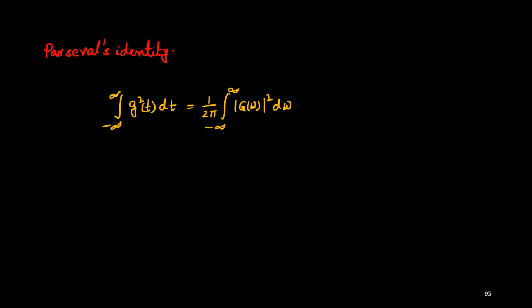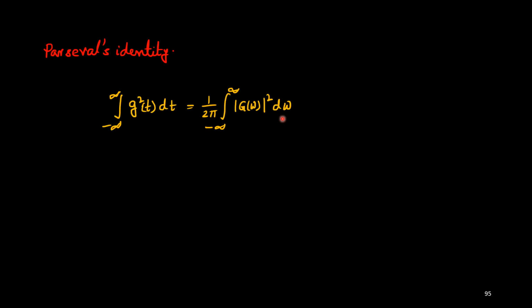Next one is Parseval's identity. This is one useful property. Using Parseval's identity, we can relate the energy of the signal in the time domain, the integral of g squared t dt. If g(t) is a real signal; otherwise you should consider the absolute value of g(t) squared. That gives the total energy of the signal, and this energy is the same as the expression 1 upon 2 pi integral of the absolute value of G of omega squared d omega.